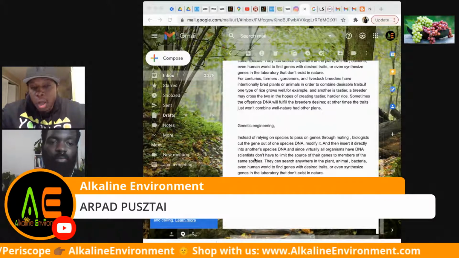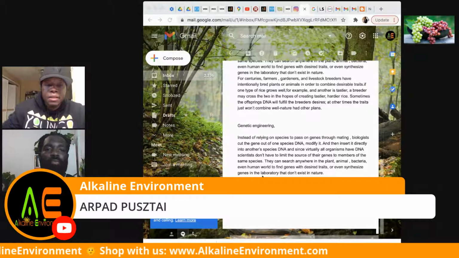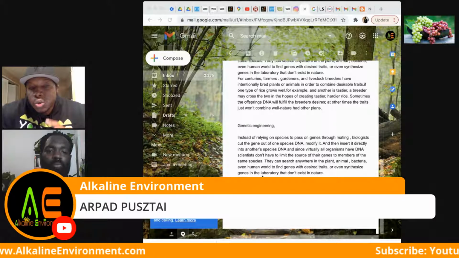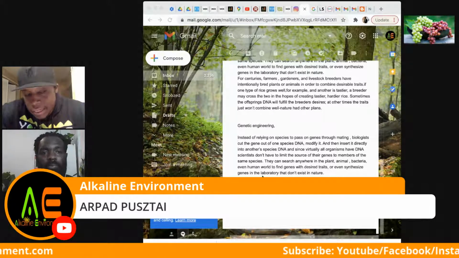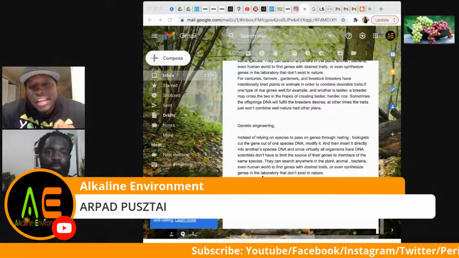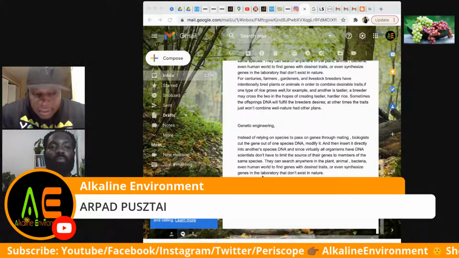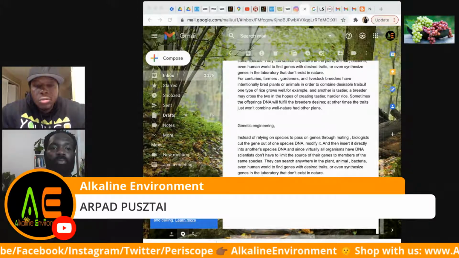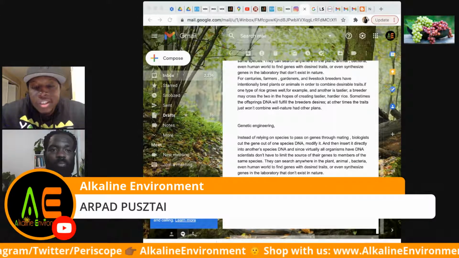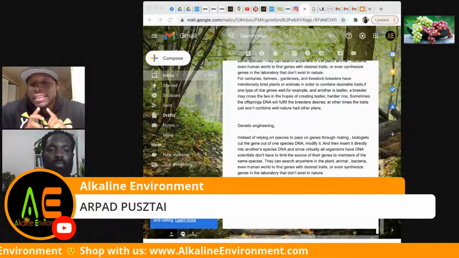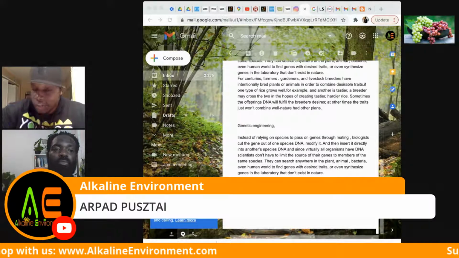And since virtually all organisms have DNA, scientists don't have to limit the source of their genes to members of the same species. They can search anywhere in the plant, animal, bacteria, and even human world to find genes with desired traits, or even synthesize genes in the laboratory that don't exist in nature.